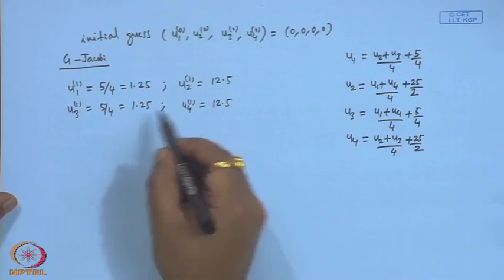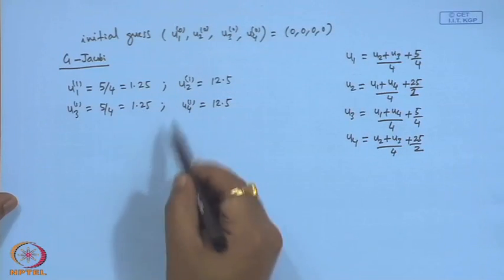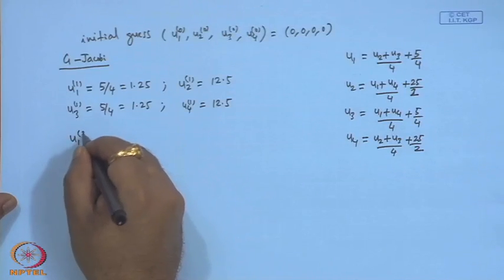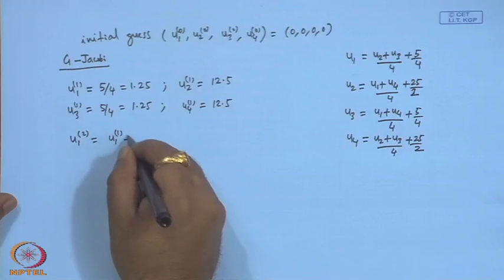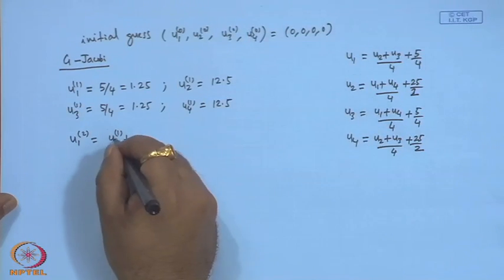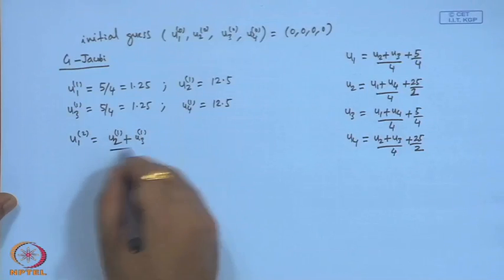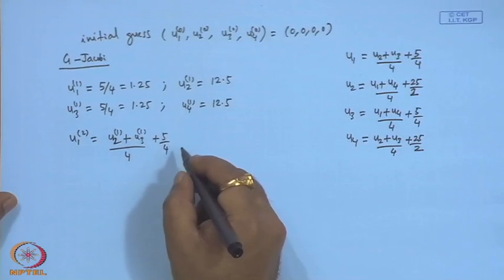Then Gauss Jacobi, as you know, once we get at next level we use them to compute further. So, this will be u 2 1 plus u 3 1 by 4 plus 5 by 4.